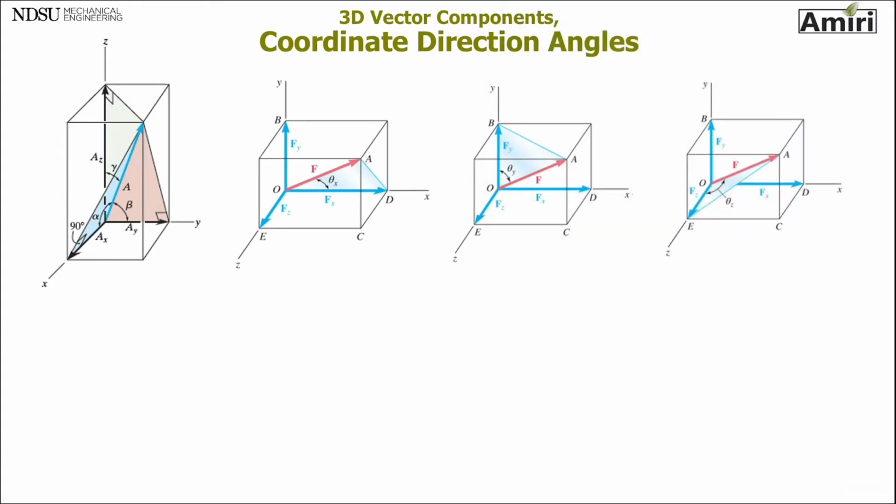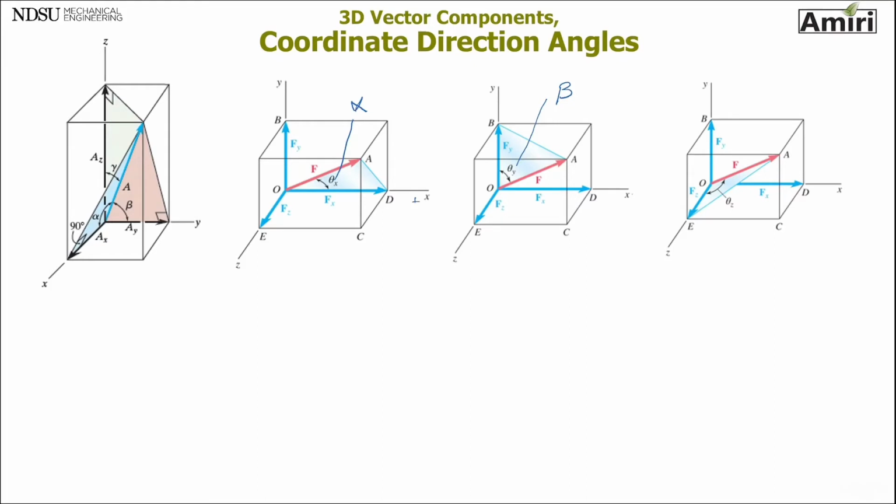Now look, the angle that A makes with the positive x-axis, theta x, we like to call alpha. The angle that A makes with the positive y-axis, we like to call beta.